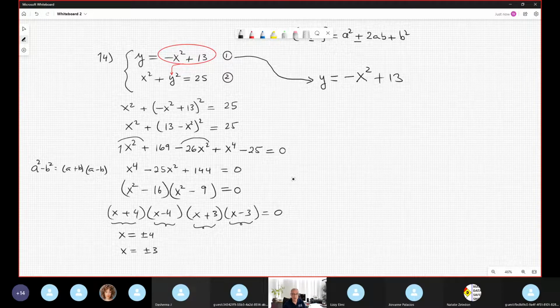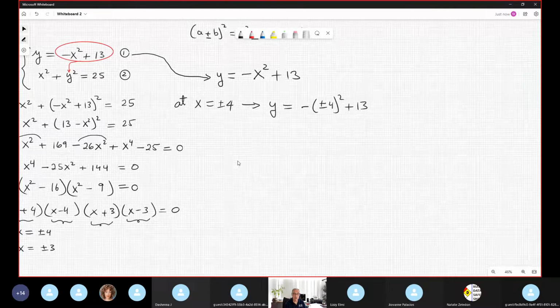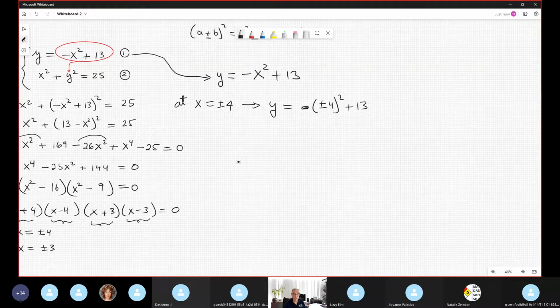Suppose you are doing x equal plus or minus 4. Okay, so then y is equal to minus plus or minus 4 squared plus 13. Now be careful with the sign, right? This minus is the minus of the equation, this negative is this, and the value is plus or minus.